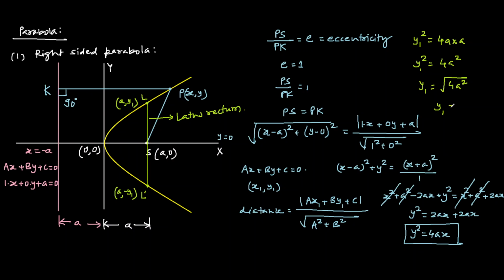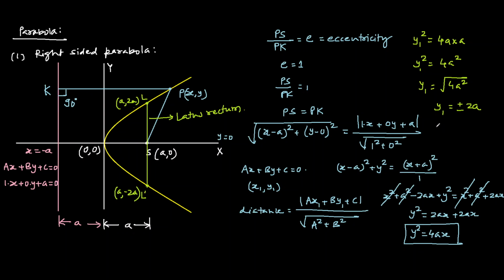So y1 has to be plus minus 2a. So now we can write the coordinates of the endpoints of the latus rectum as a comma 2a, because the L point is above the x-axis, and the L dash point is below the x-axis, so its coordinate has to be a comma minus 2a.